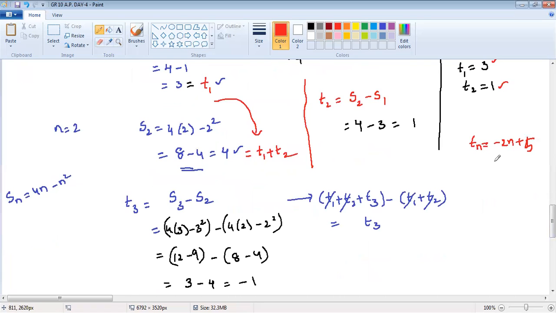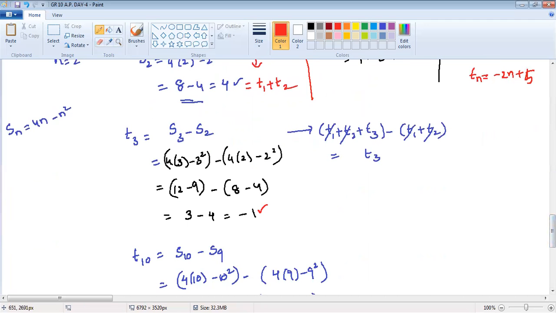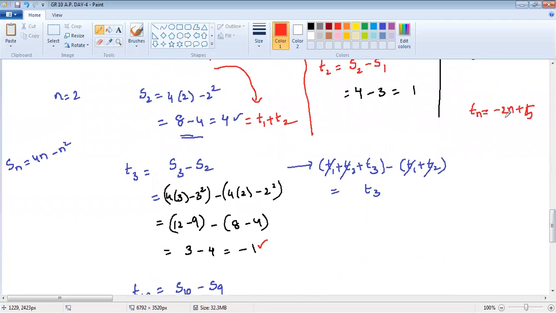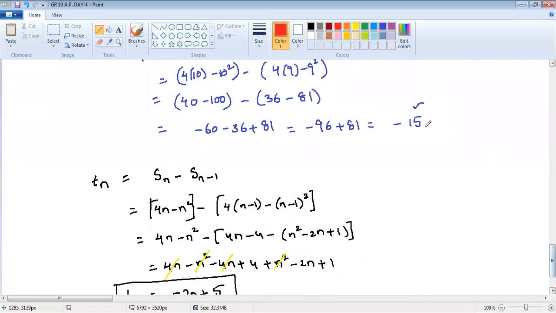Then T3: 2 threes are 6, so minus 6 plus 5 is minus 1, correct. Then T10: minus 2 into 10 is minus 20 plus 5, minus 15. This is correct, so overall it is correct. So you have to remember this formula: Tn stands for Sn minus Sn minus 1.